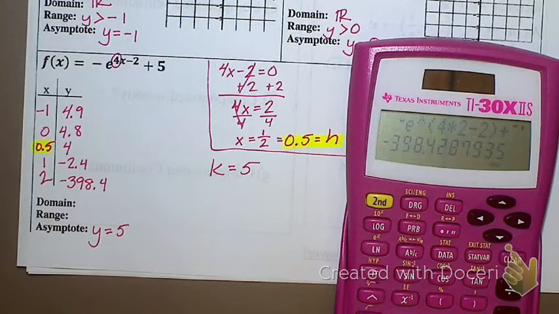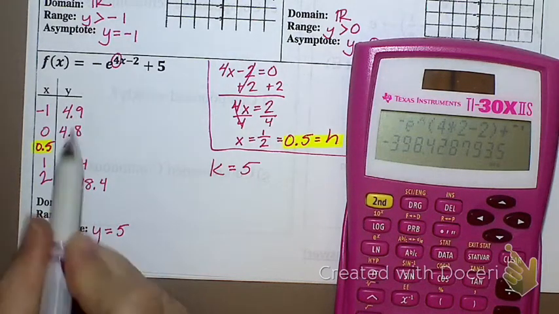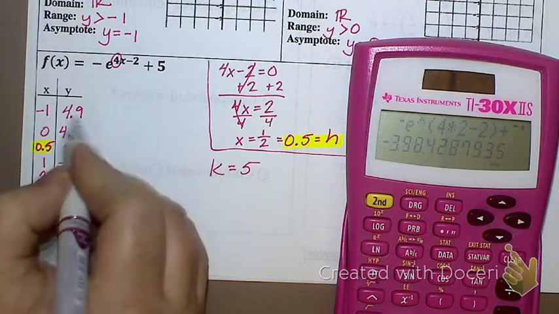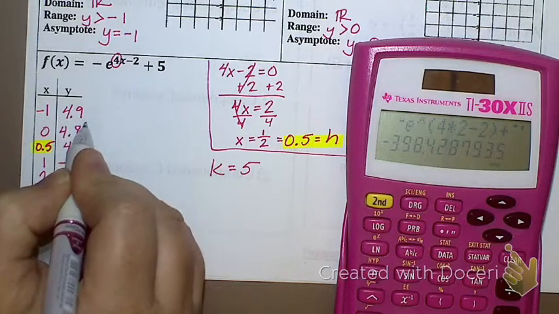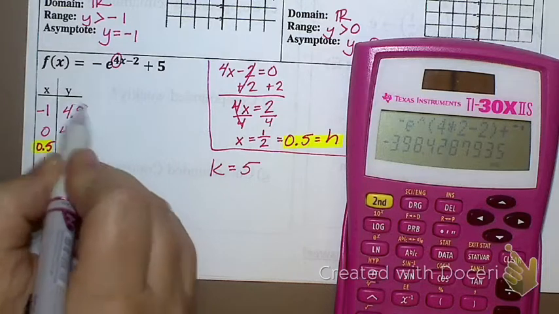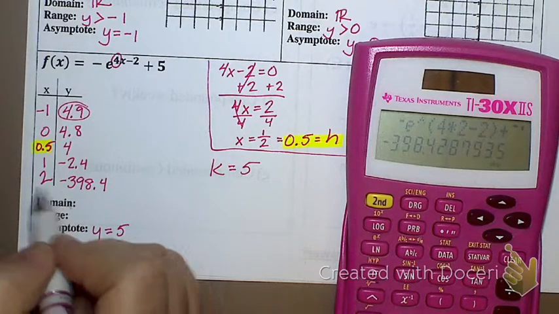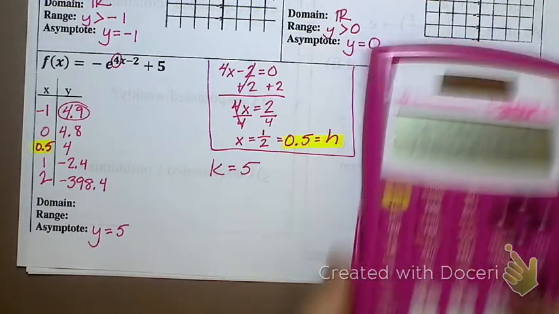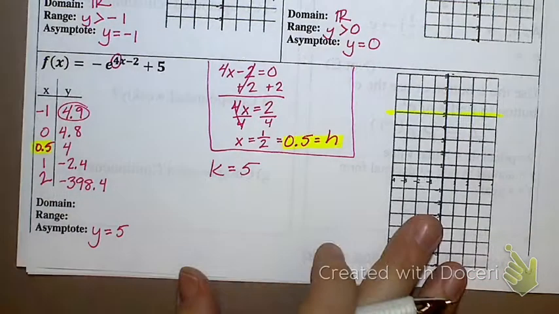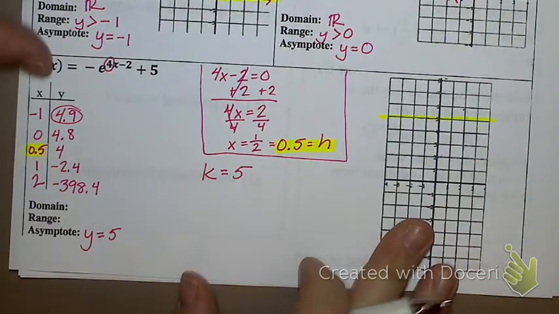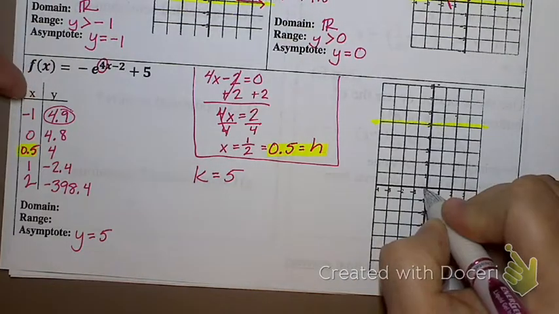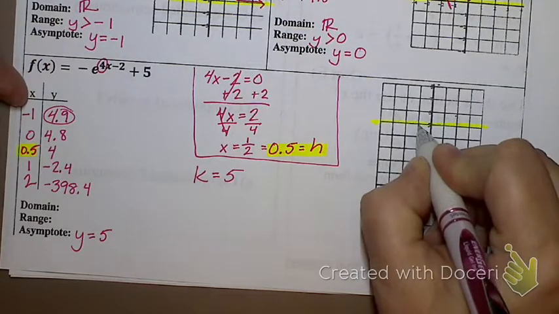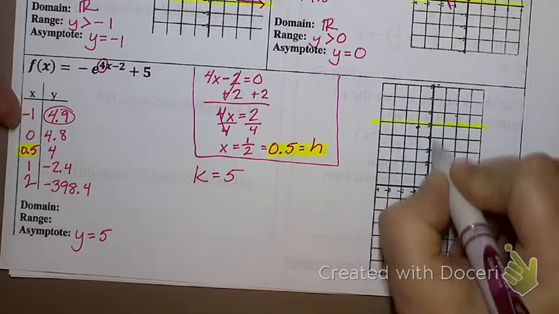So I'm not too particular with how you're going to round off stuff here because we just want to make sure that the one thing I don't want to see in your XY chart is a 5 right there, because that would be conflicting with what an asymptote does. Okay? So round down or up, I don't really care for the XY chart. All right, here. -1, 4.9, 0, 4.8.